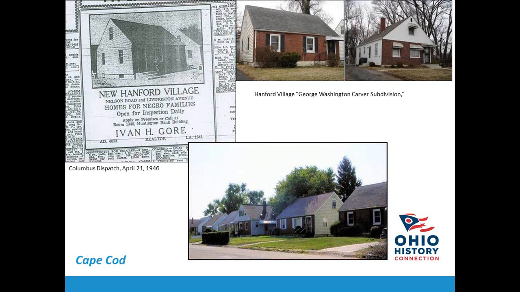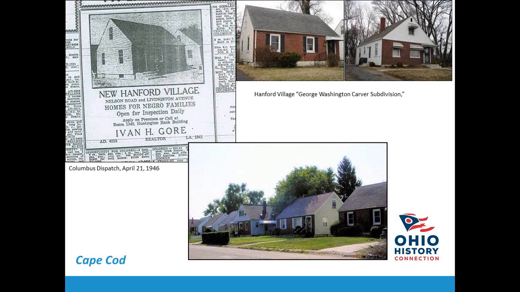The Washington Carver edition illustrates the limits and struggle that African Americans engaged in related to their rights as citizens in a segregated environment. The subdivision is notable for being the home of a number of Tuskegee Airmen while they were based at the Lockbourne Army Air Force Base southeast of Columbus, again during that same time period, 1946 to 1949.